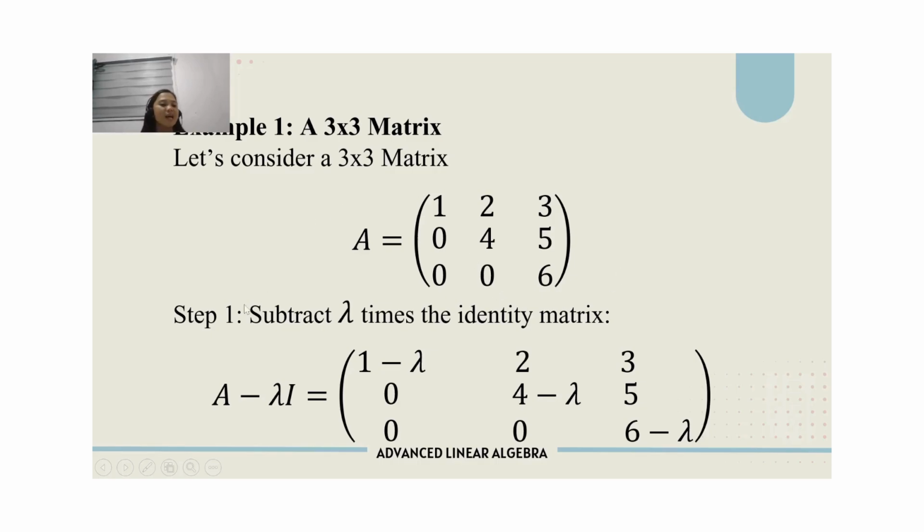So again, let's have our step 1, which is subtract lambda times the identity matrix. So the answer is 1 minus lambda, 2, 3, 0, 4 minus lambda, 5, 0, 0, and the last one is 6 minus lambda.